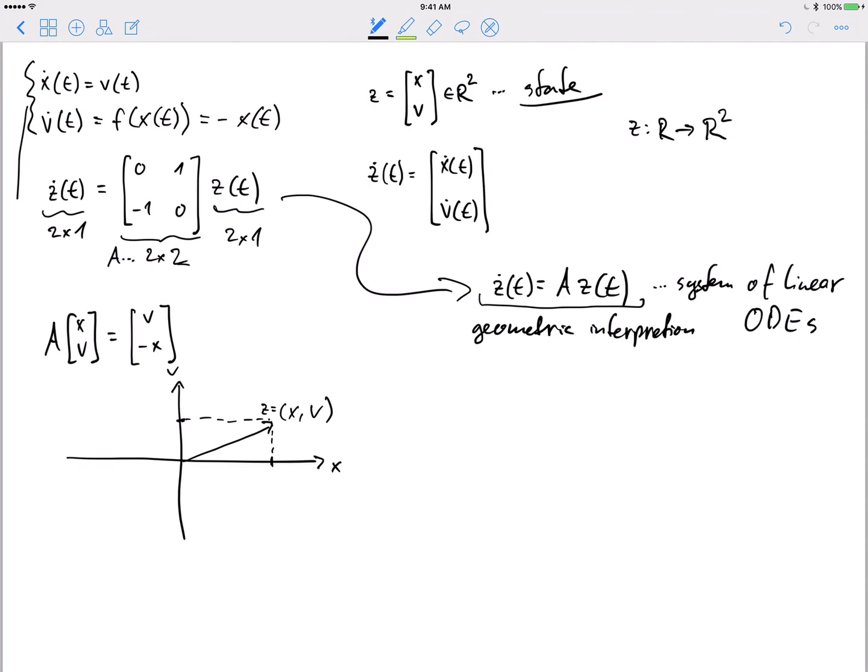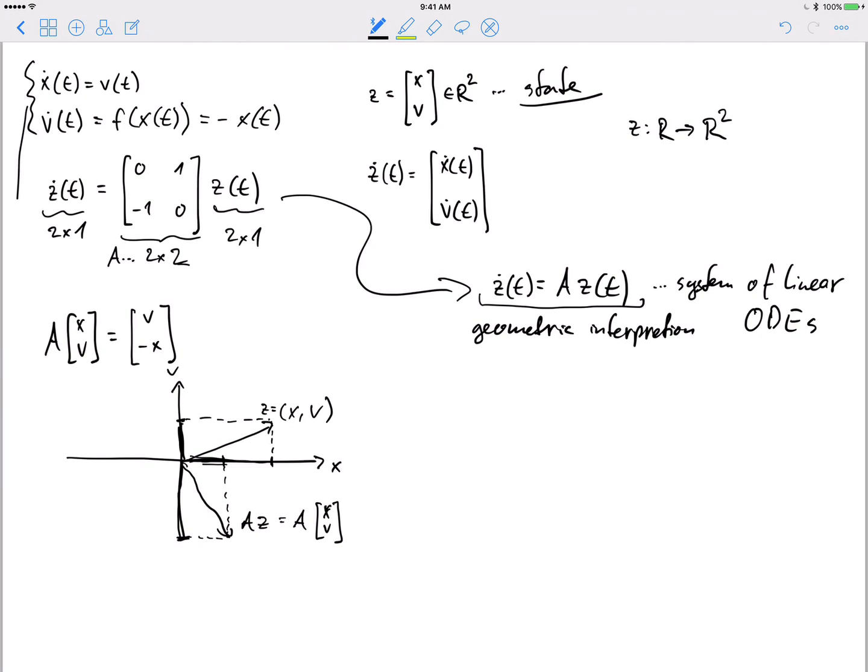So let's see what happens. x was this much, and that now goes on the other axis, and v was this much, and that becomes now minus v, so that goes here. So if I complete this and get a vector, this is my A z vector, or if you will, A x v.